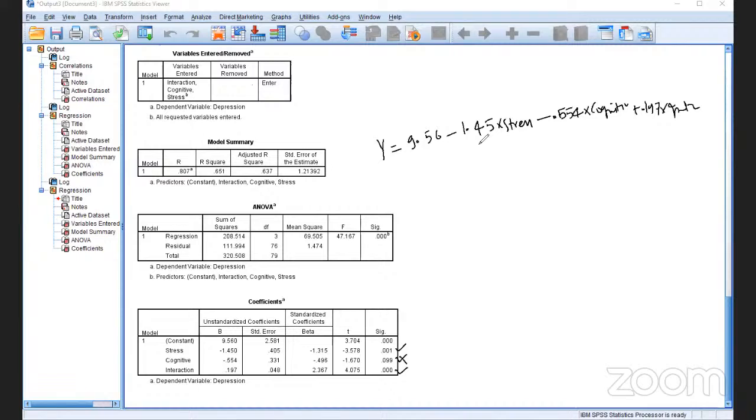Here the stress value is less than 0.05, significant.